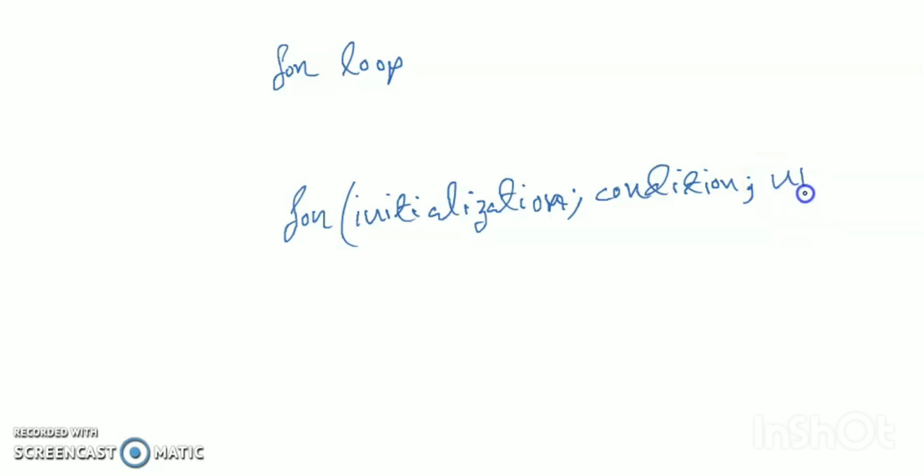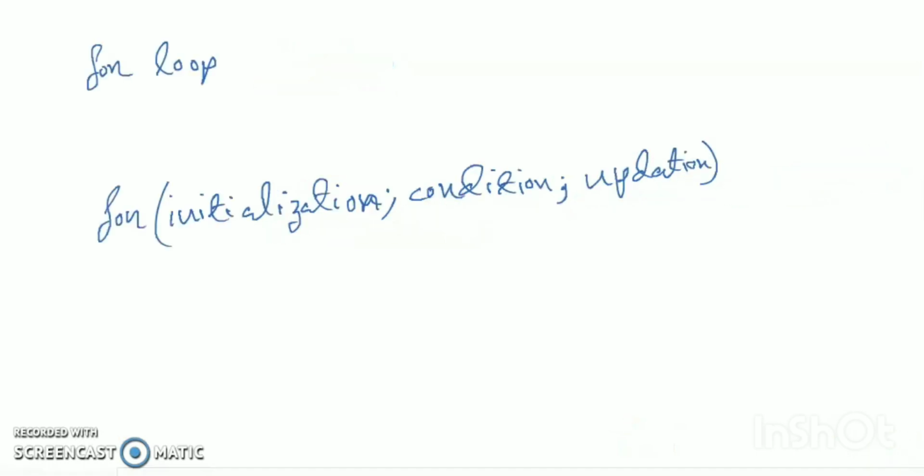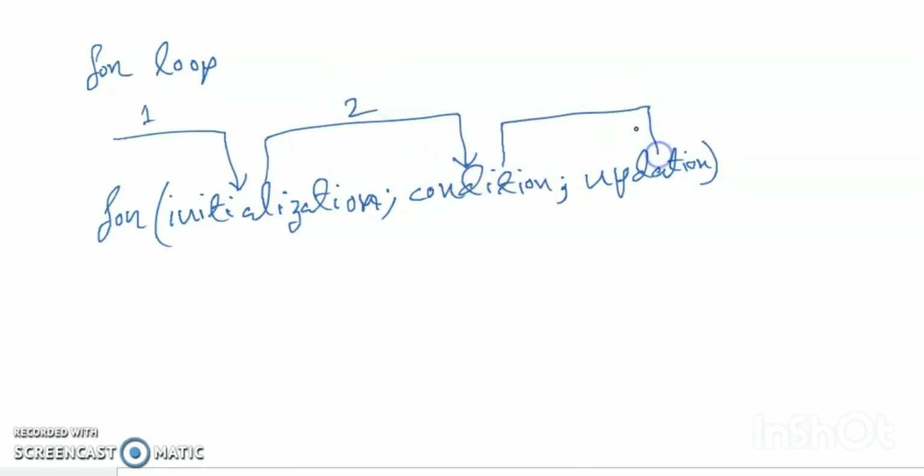Another is updation, the third statement is updation. So this is the for loop. First is initialization, then it goes to condition 2, and this is the condition 3.